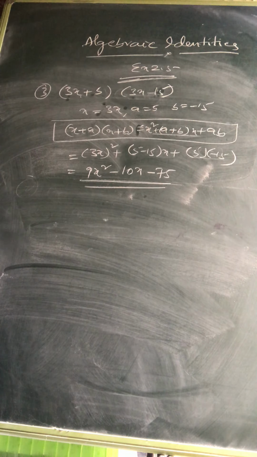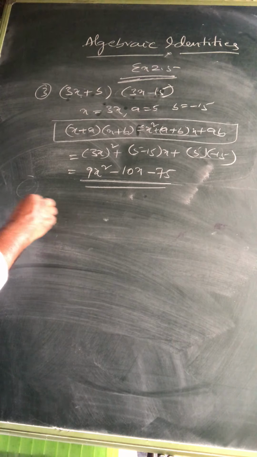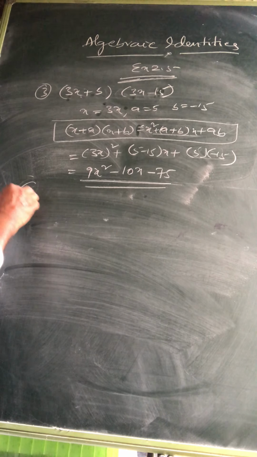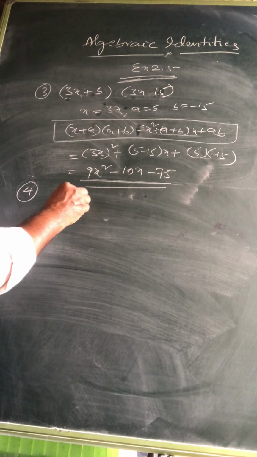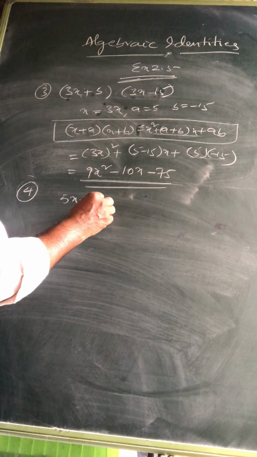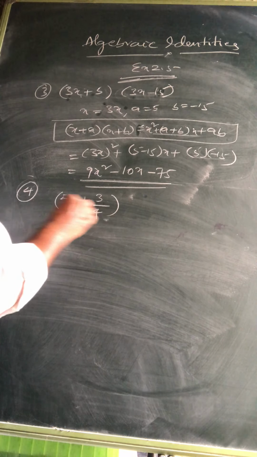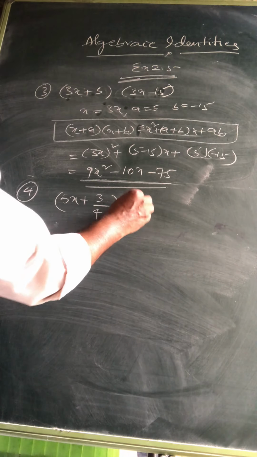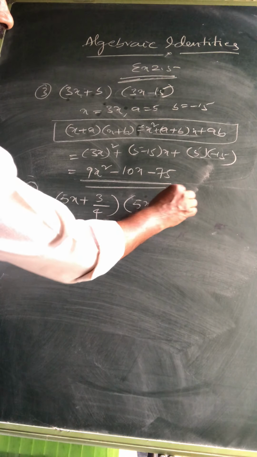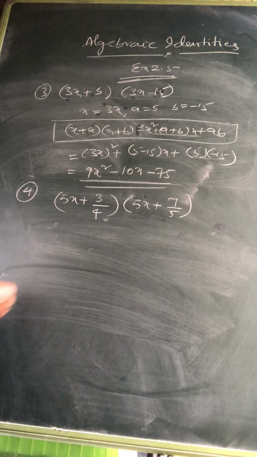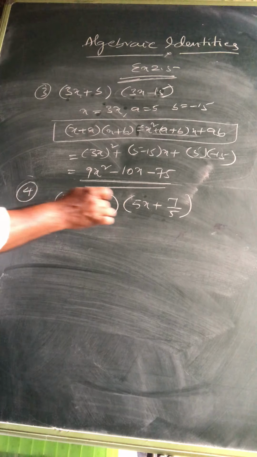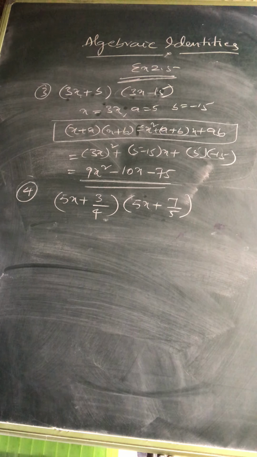Like this, he may give you fractions also, but you can apply the same formula in the same manner. For example, one more we can take here: (5x + 3/4)(5x + 7/5). Here also the first terms are the same, 5x and 5x, whereas the second terms are different.